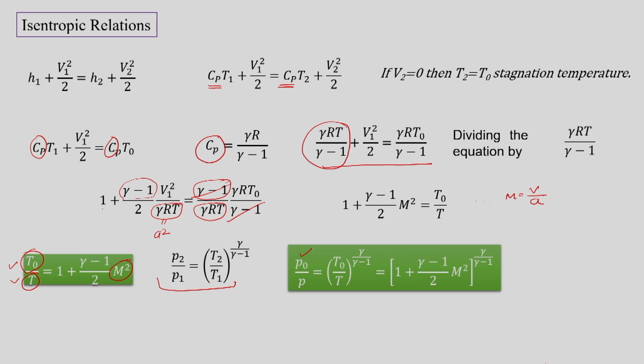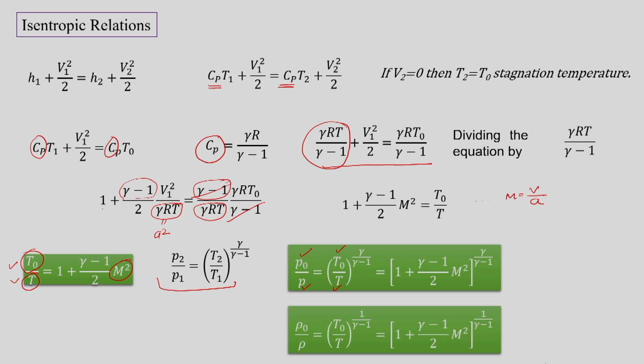So, this is stagnation pressure, stagnation temperature, static temperature, and these can be correlated using this expression. In the same way we can correlate the density at the stagnation point divided by the static density using its relation with the total temperature divided by the static temperature.